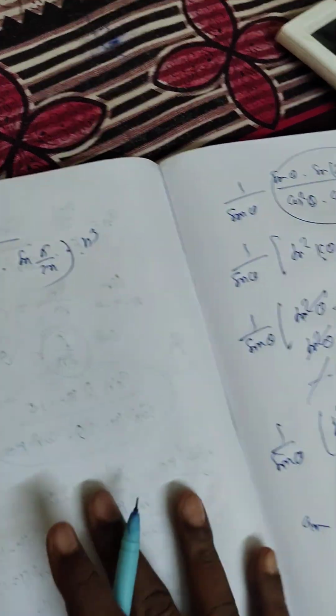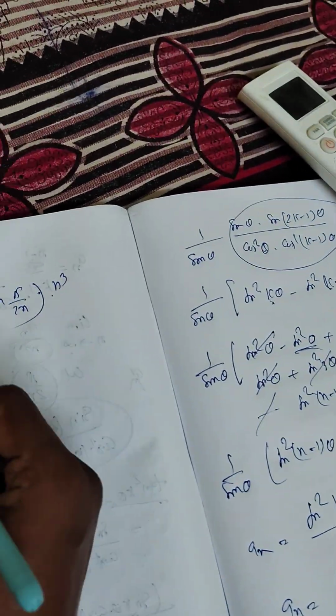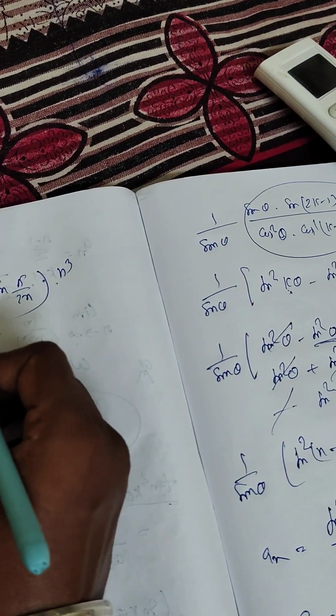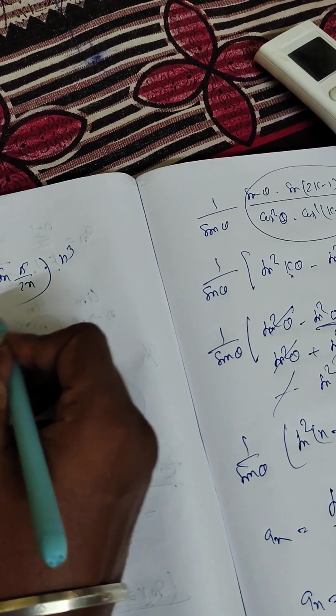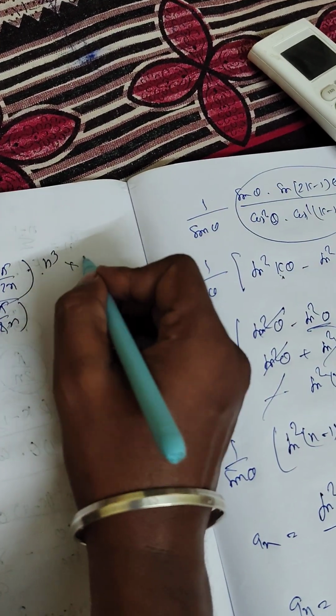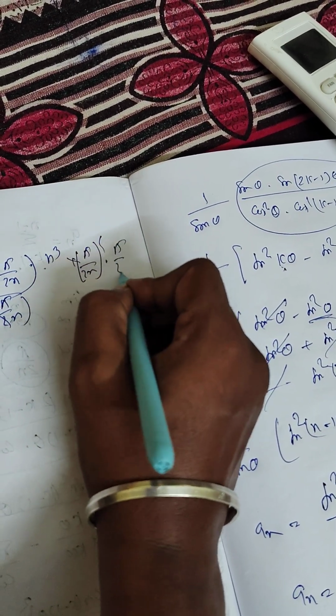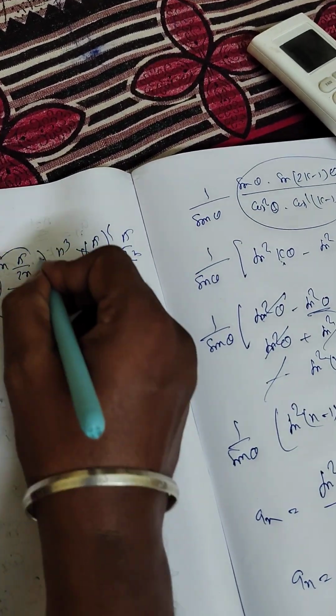The question has n cube. Write n cube. Now pi by 2n whole square, pi by 2n: multiply and divide by (pi by 2n) whole square into pi by 2n.